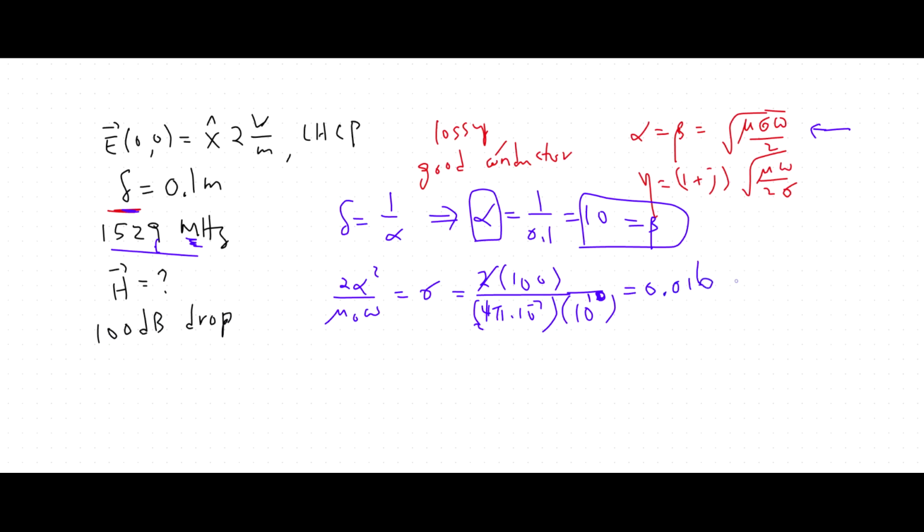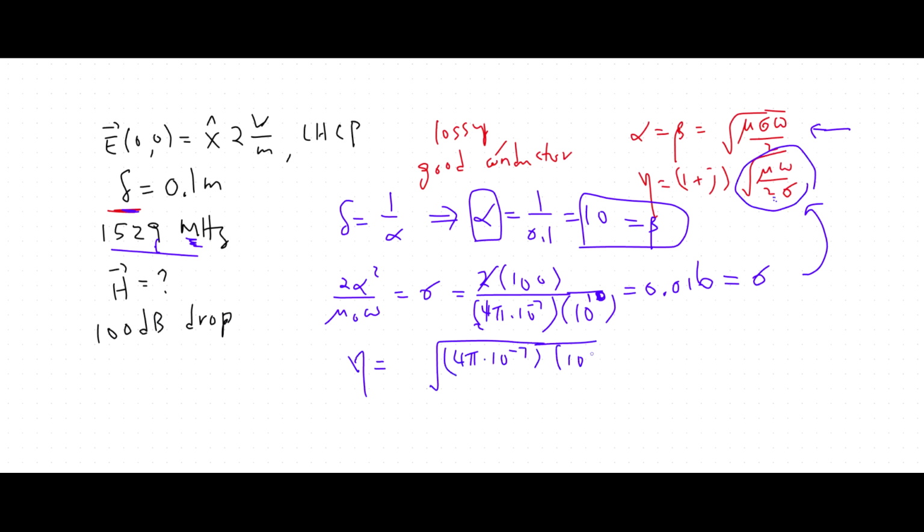Okay. So now I can put it in here to find eta. So watch carefully. How do you deal with 1 plus j? So eta is equal to the magnitude of this. I have a 2 here. Mu naught is 4 pi 10 to the minus 7. Omega is 10 to the 10.